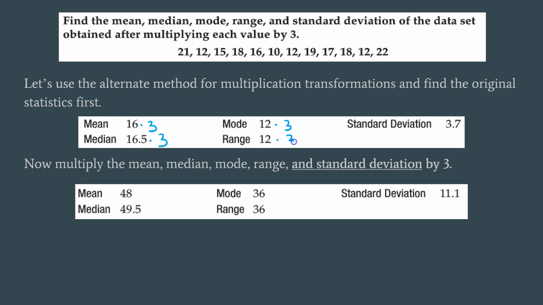My range is also going to be multiplied by 3, giving me 36. And standard deviation is also going to be multiplied by 3. Notice it's all the numbers, we're going to multiply them all by 3. Big difference between our multiplication transformations and our addition transformations. So make sure you're not getting confused between both of those.